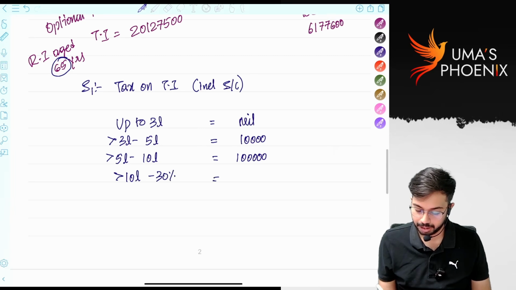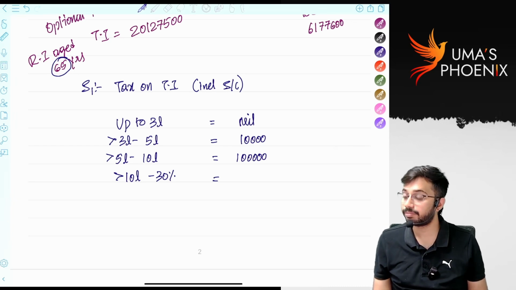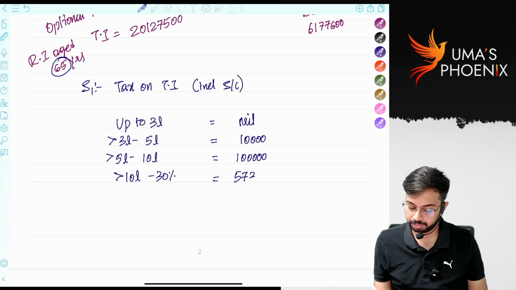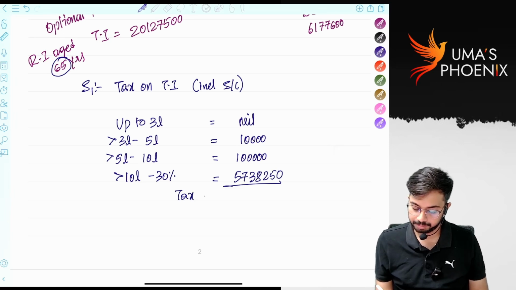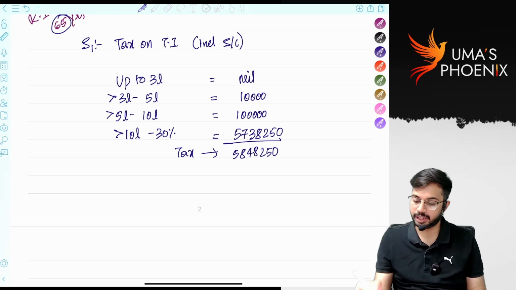You have to help me. 2 crore 1 lakh 27,500 minus 10 lakhs into 30%. How much is tax? 58 lakh 48,250.